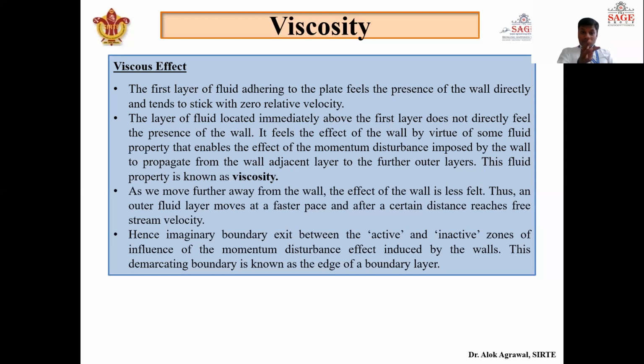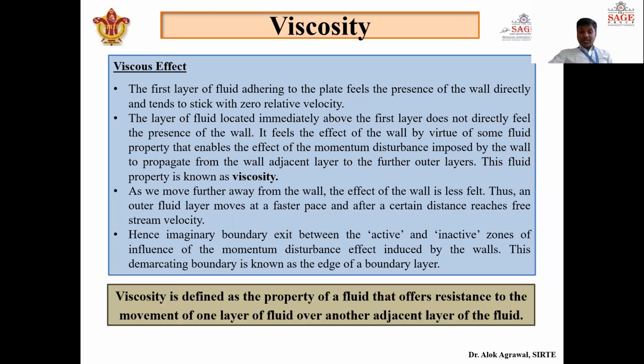So with this we can define viscosity as the property of a fluid that offers resistance to the movement of one layer of fluid over another adjacent layer of fluid.